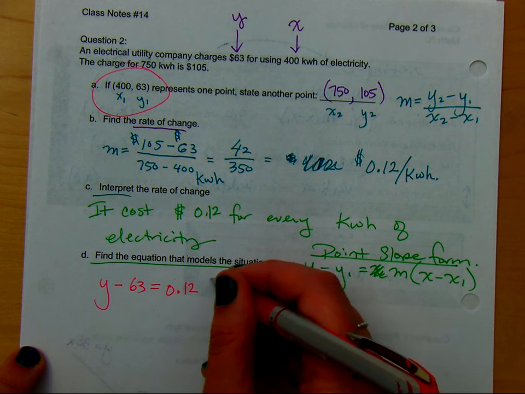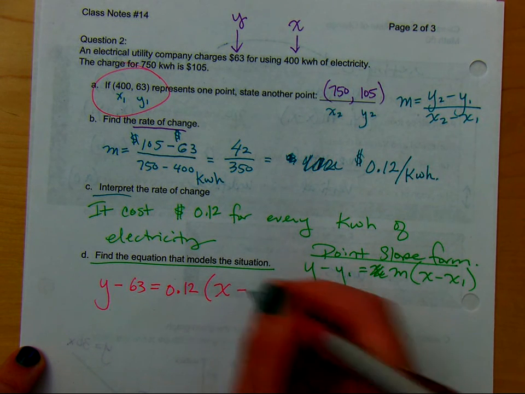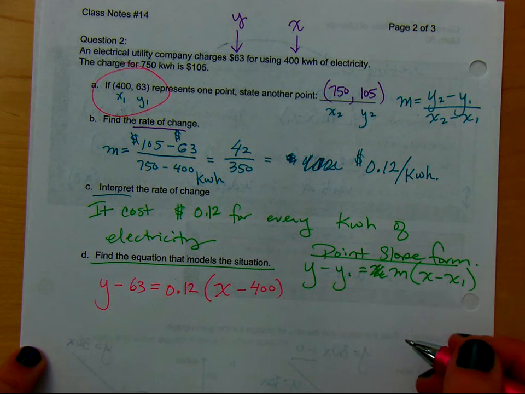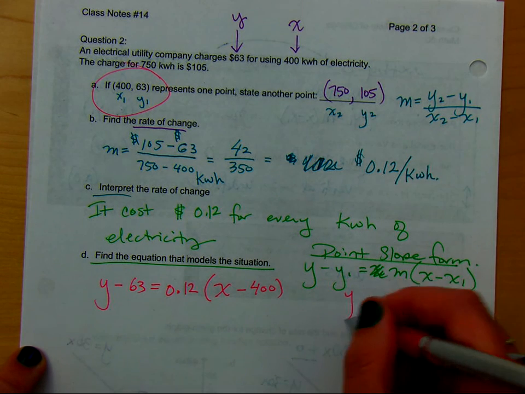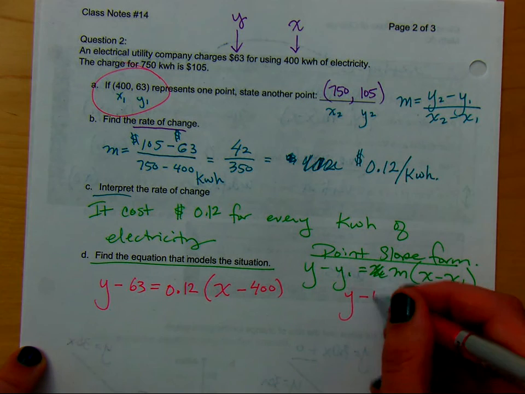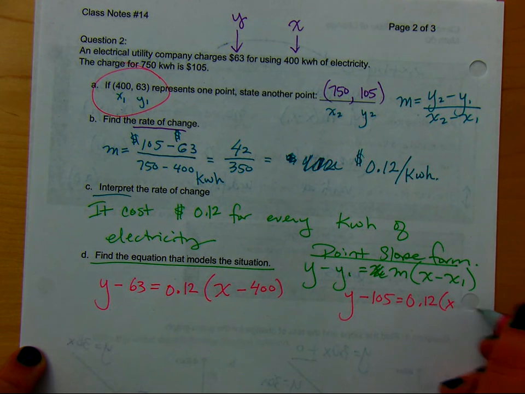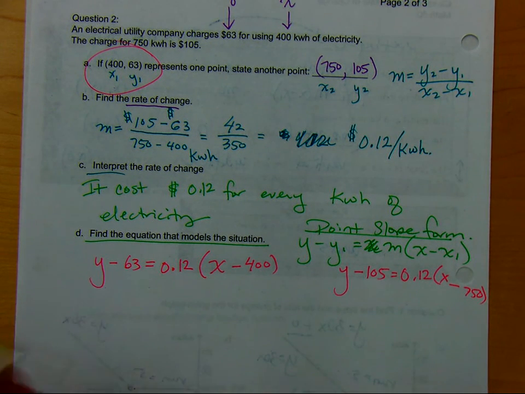We just figured it out. x minus, what number? 400. Excellent. By the way, if you also set it up y minus 105 equals 0.12 times x minus 750, you would get the same answer. So it doesn't matter which one you do.